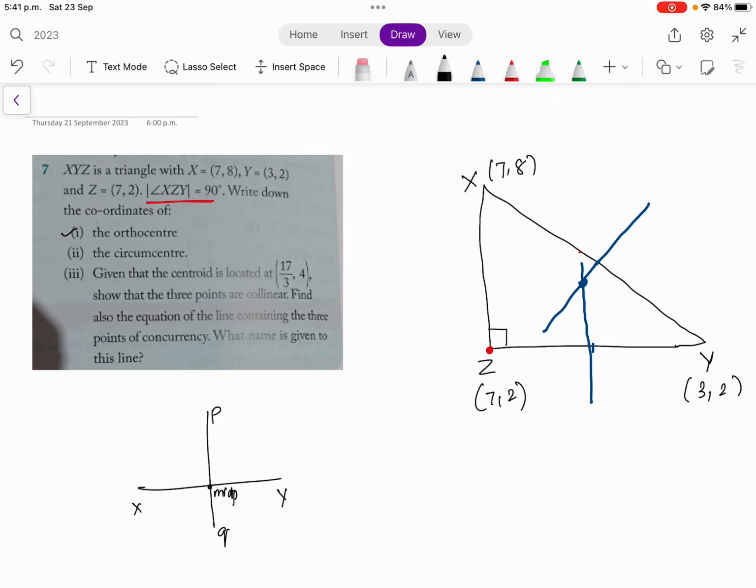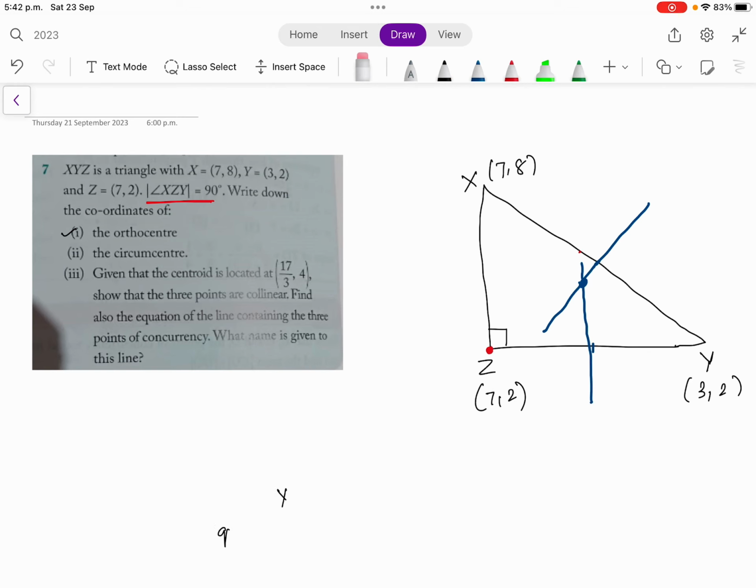You know that, right? If the slope of one line is 3 over 2, the slope of the perpendicular will be minus 2 over 3. You reverse the fraction and put a positive or negative sign accordingly. Since it passes through the midpoint, you can use the formula y minus y1 equals m times x minus x1. That's the common method.